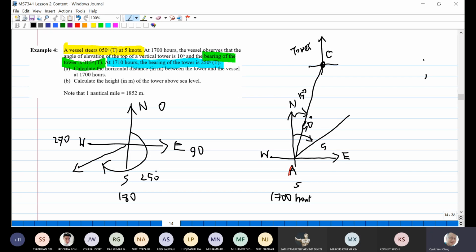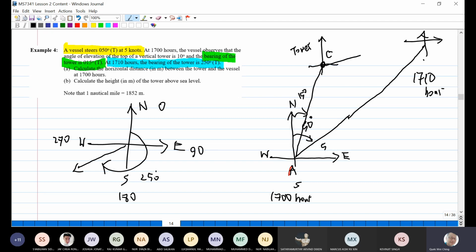So 10 minutes later, the ship goes to here now. And this is the direction of the tower from the ship after 10 minutes, at 1710 hours.